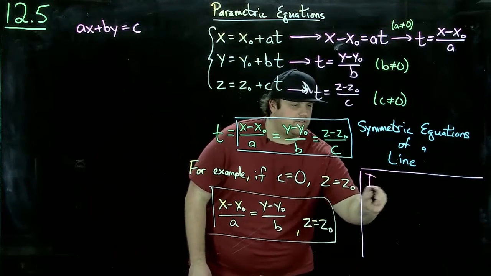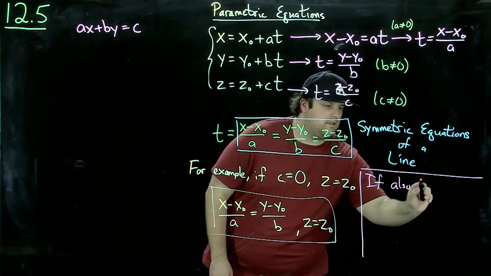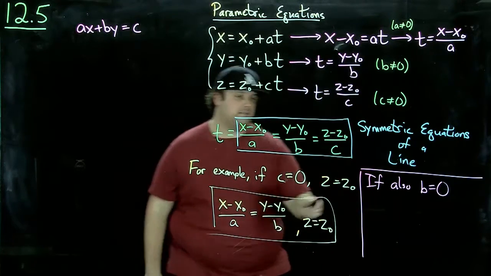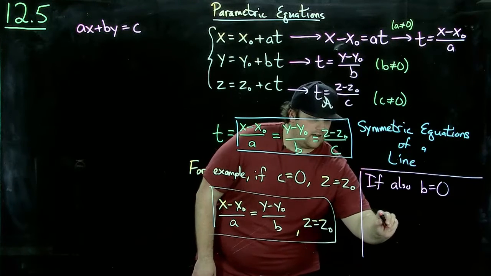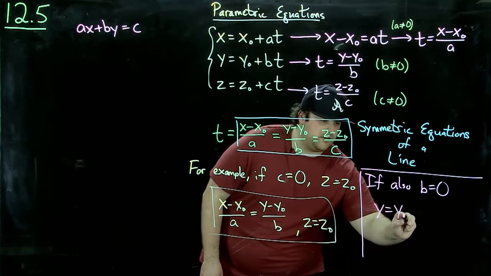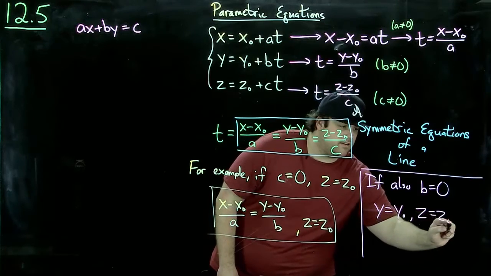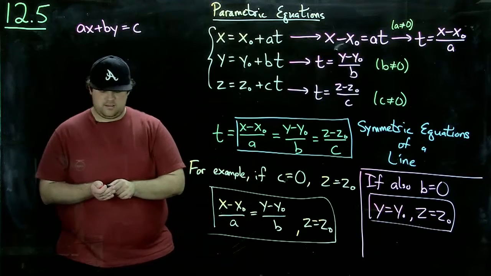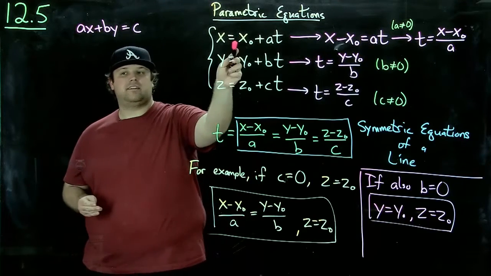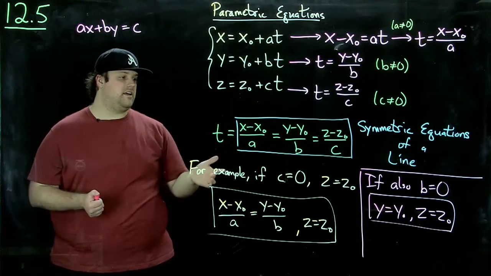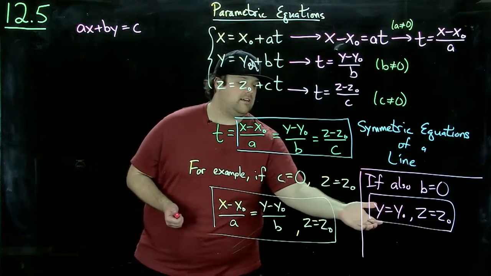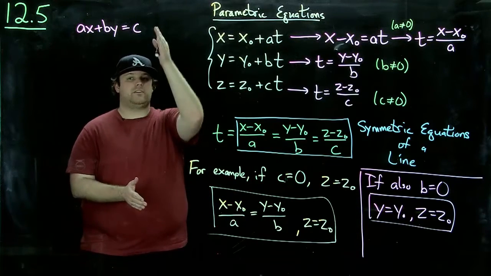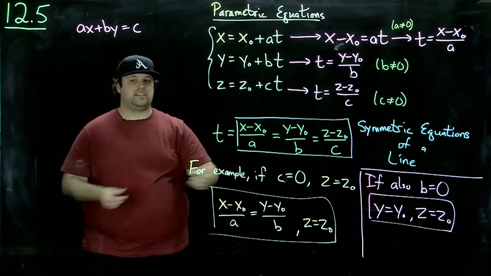Let's say if also b is 0, then we get y equals y naught and z equals z naught. And that's actually all we need. Because if x is the only thing that's allowed to change, then if we say what y has to be and what z has to be, letting just one variable change will give us the entire line.